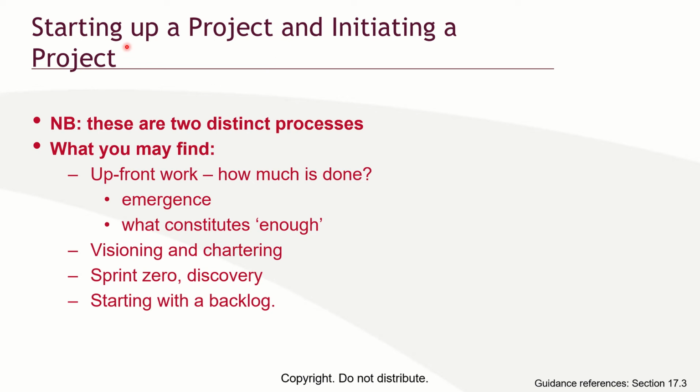And in Prince2 Agile, both starting up a project and initiating a project are what we can relate to Agile in terms of product backlog. What is the product backlog? Or sometimes they call it epic.